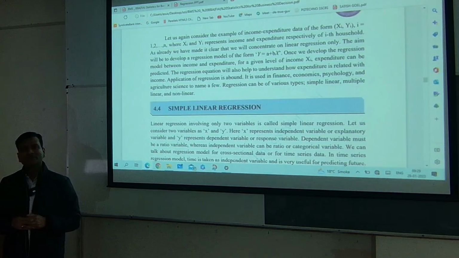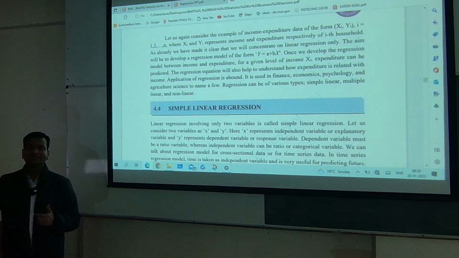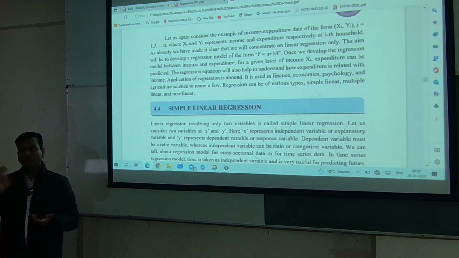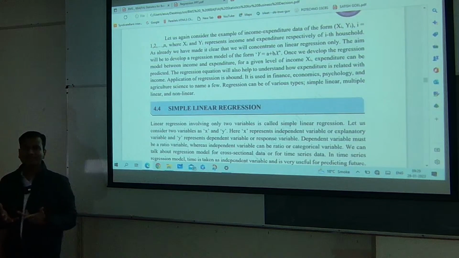If you have y equal to x square, x cube, e raised to power x exponential function, or trigonometric functions, then you have non-linear regression. If you have simply y equals ax plus b, this is a linear line, therefore we call it linear regression. Linearity means if you change one variable, the corresponding variable also changes linearly only.